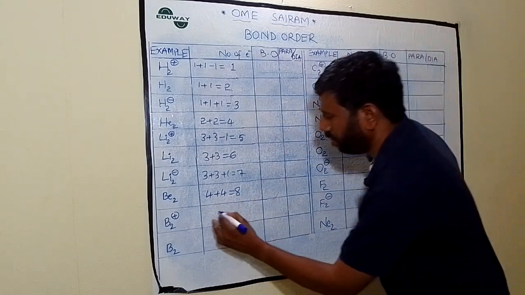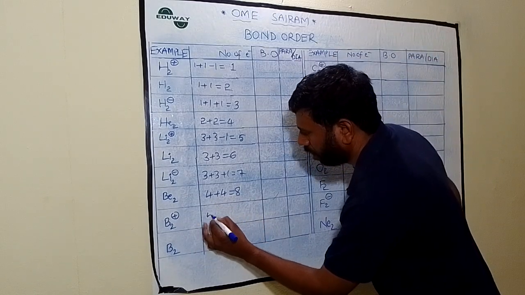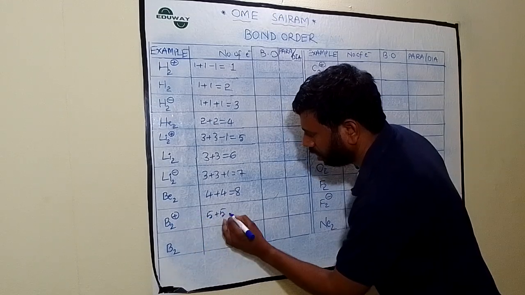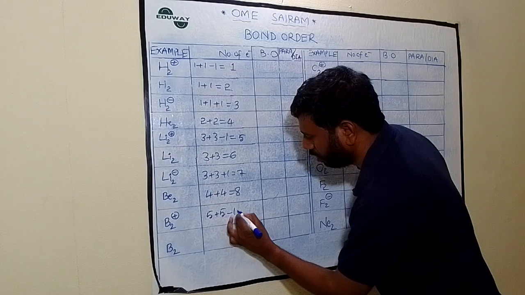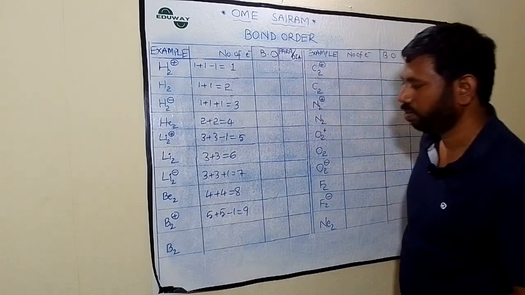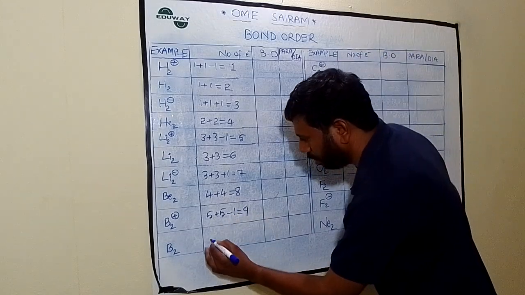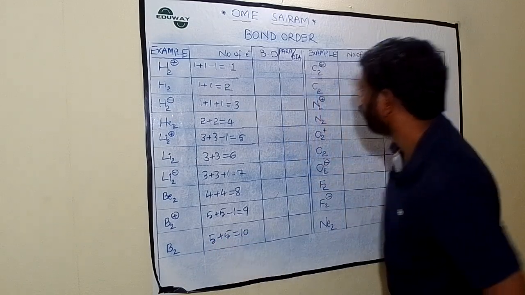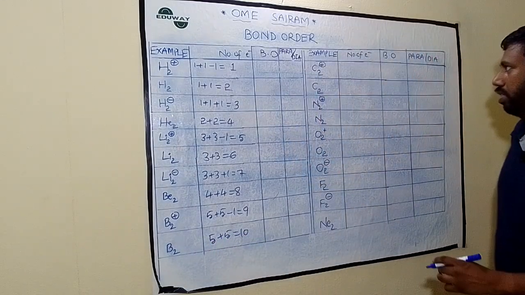B2 positive charge. Boron atomic number 5, 5 plus 5, and positive charge is nothing but 1 electron less, 9 electrons. Boron B2, 5 plus 5, 10 electrons. Now C2 positive charge.